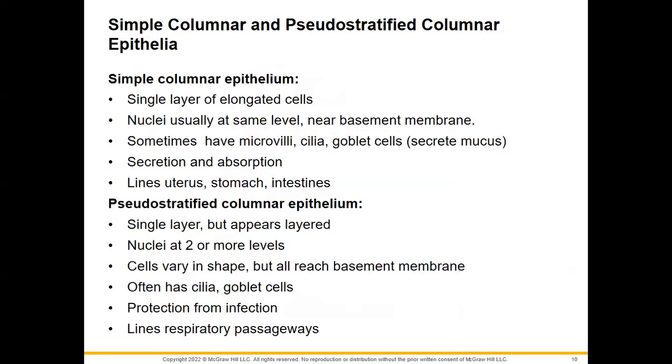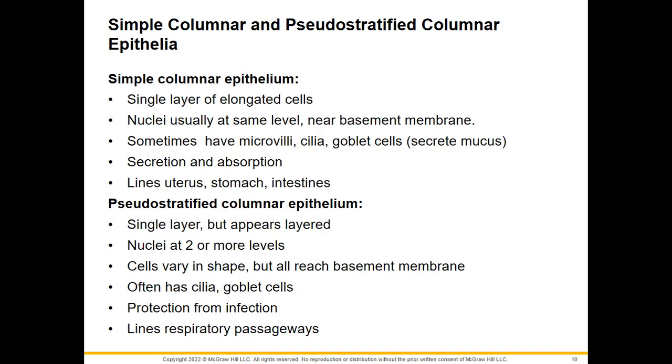Now, let's look at simple columnar and pseudostratified columnar epithelia. Simple columnar, again, you have a single layer of elongated cells. So a column is a long, thin structure. They're elongated, but they're not as wide as they are long.